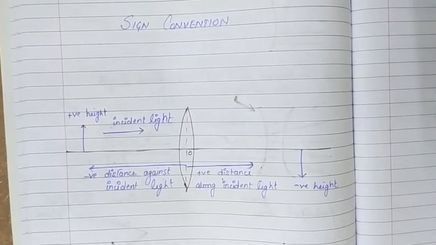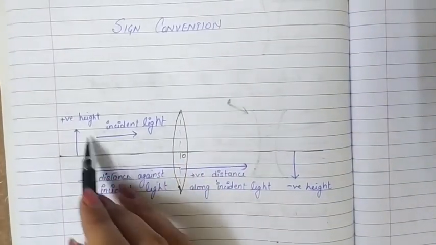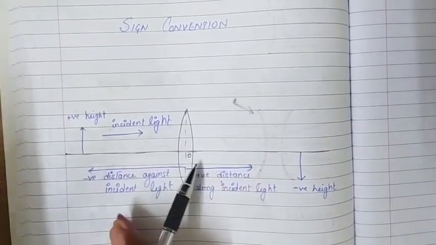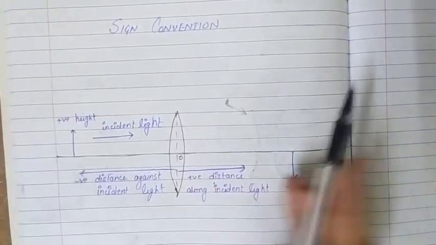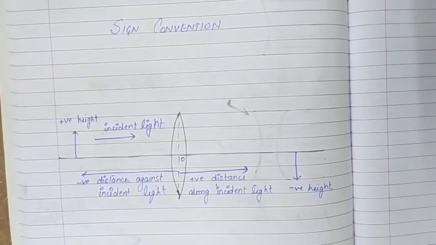It's just for reference. So if this is a lens with optical center O, there is some object and light is coming from left to right. This is the direction from our left to our right. So the incident light's direction is left to right. Then in sign convention we have to remember some points.